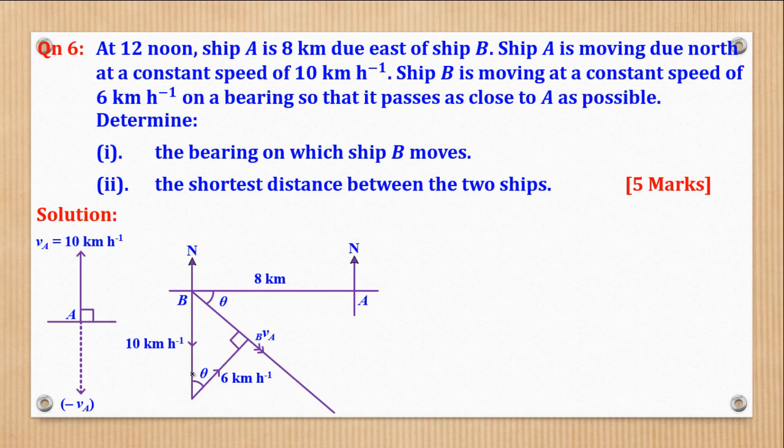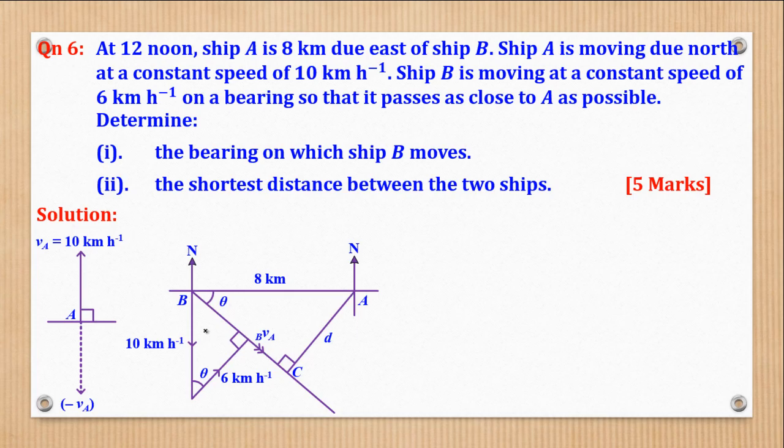Each time they ask for the direction of a certain body so that closest approach is achieved, always remember that the velocity whose direction is unknown must be perpendicular to the relative velocity. Then for closest approach, shortest distance, you drop a perpendicular from A to the relative path.